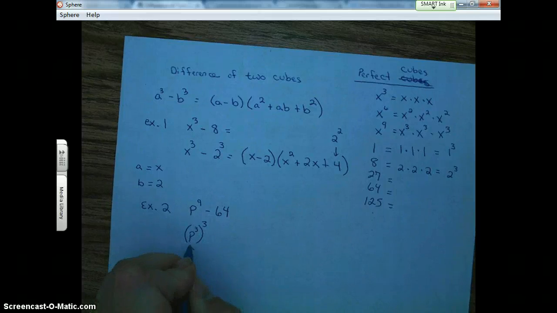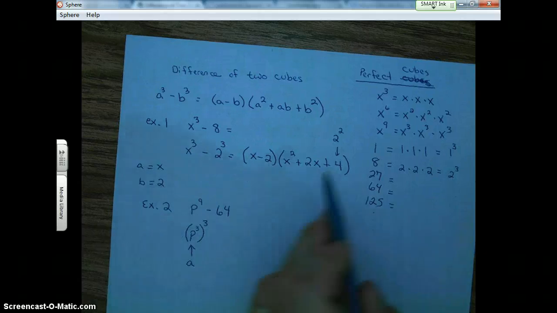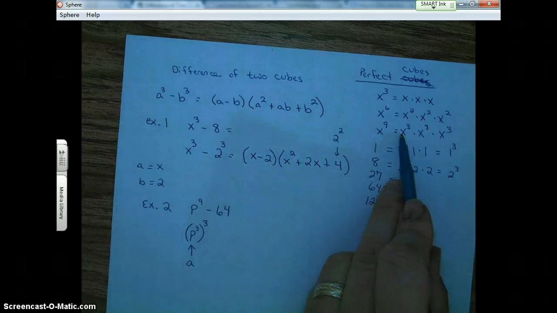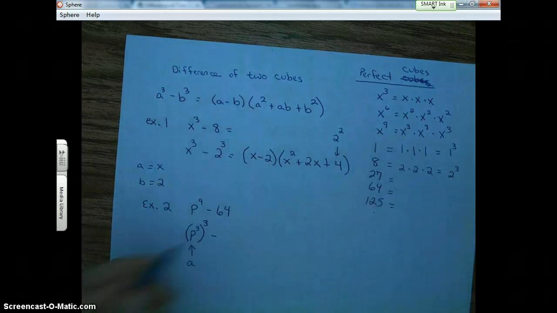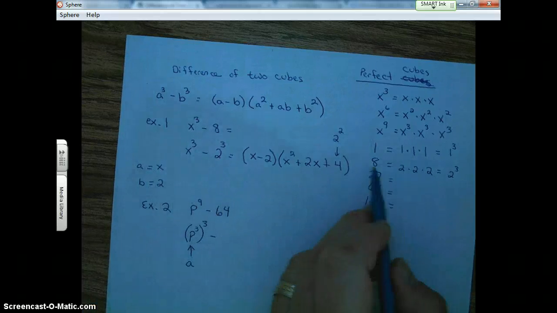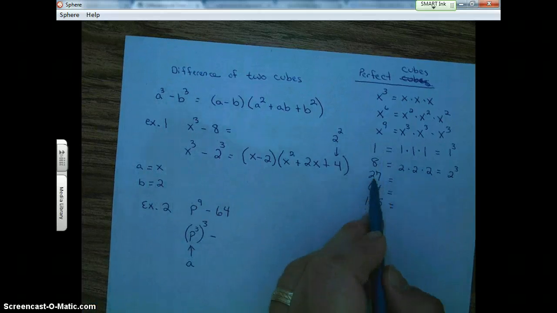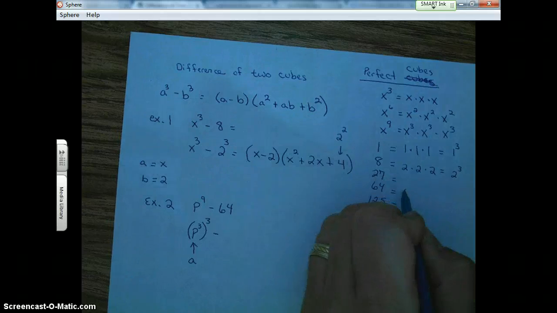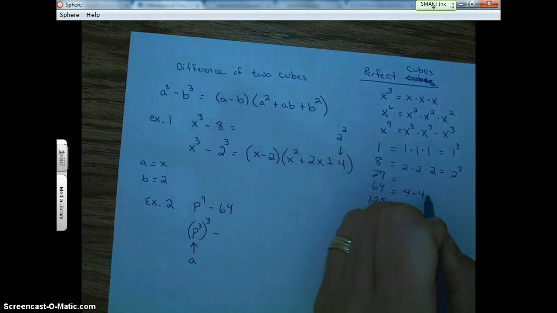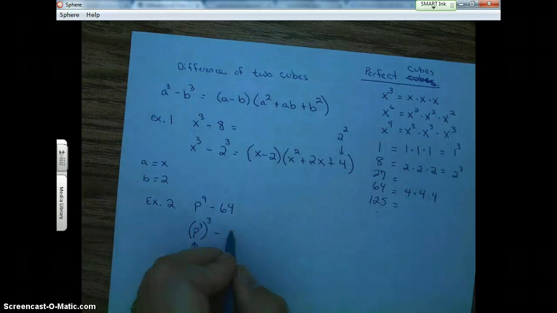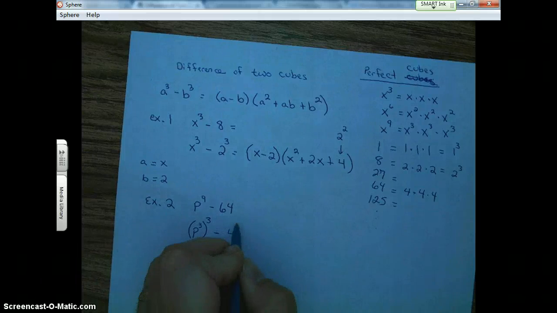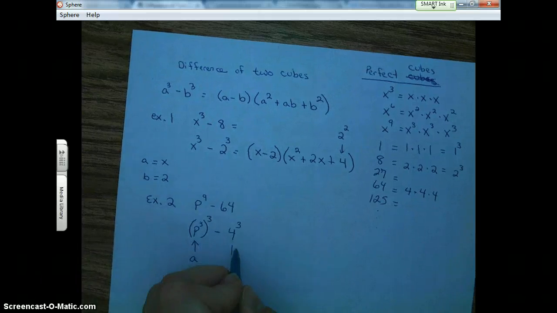So this is going to represent our a, p to the third. Minus 64. Well, that's 1, that's 2, that's 3, so 64 is going to be 4 times 4 times 4. So this is going to be 4 to the third power. So our b value is 4.